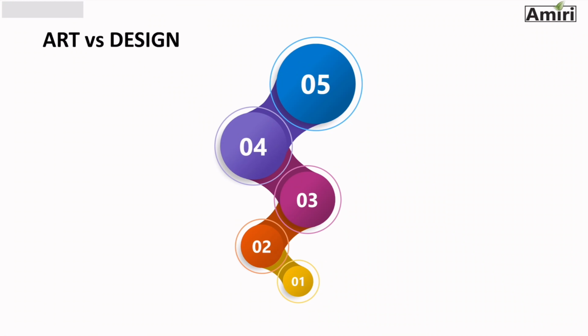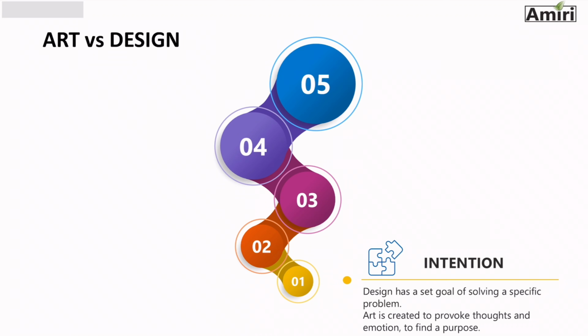Speaking of design, this is another question that I often ask students: what is the difference between art and design, or creating art and creating a design? There are a lot of differences you can speak of, but I thought of five keywords that I put here, and we'll talk about them. The biggest one is intention.